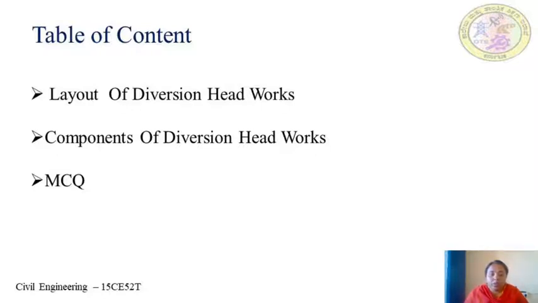Silt excluders are provided to control and prevent the entry of silt. We'll be studying the different components incorporated in this layout of diversion headwork. And last, a small multiple choice question test. So in today's session, we'll be covering briefly these three contents.